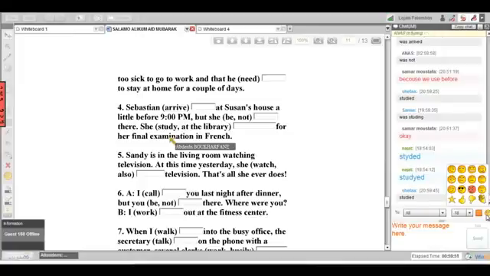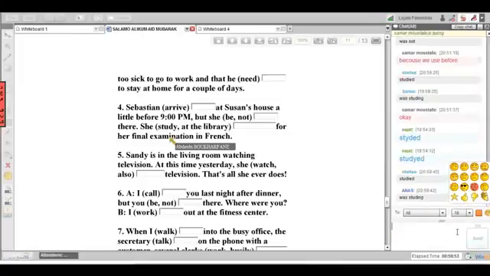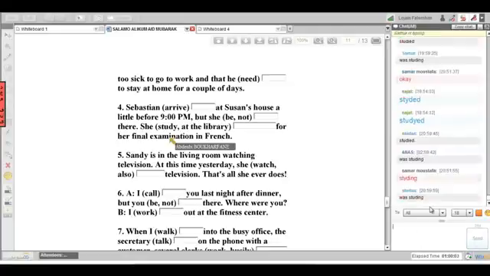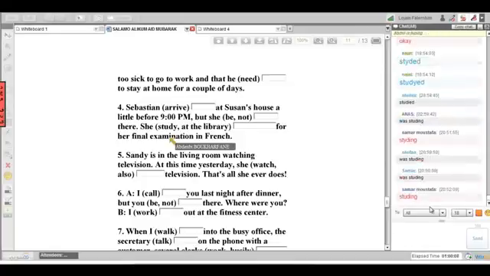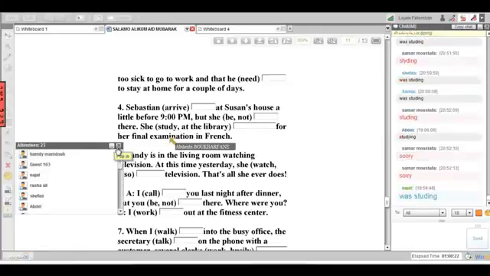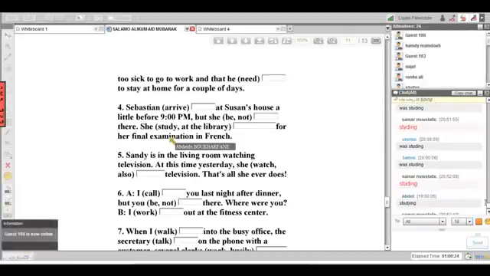Said, yes, was, yes, correct, was. Okay, and for need in here? No, he needed. Needed, yes, not was needed. He needed to stay at home for a couple of days.